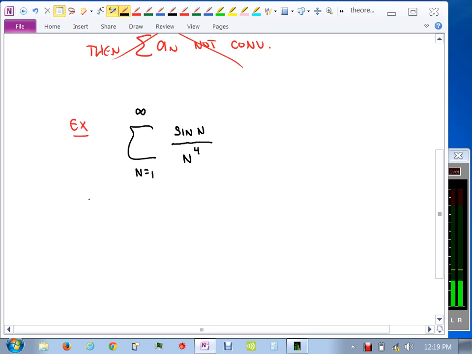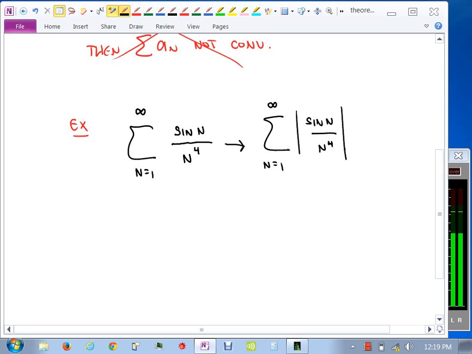If I look at the absolute value of this, then every term now has to be positive or zero, correct? So it no longer has negative terms in there because it's absolute value.